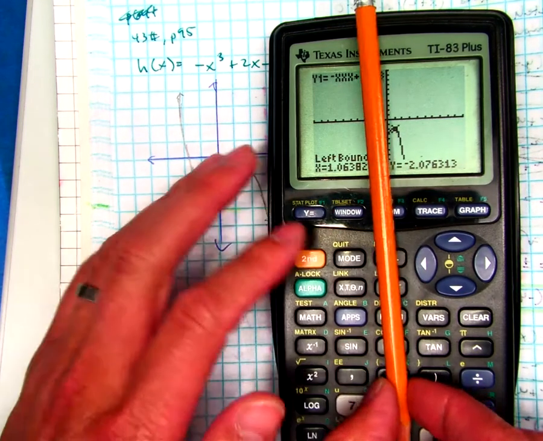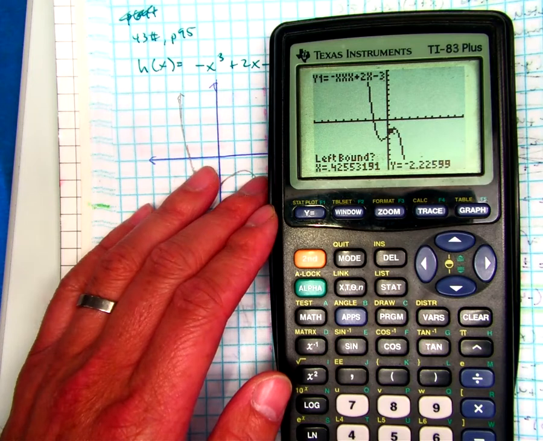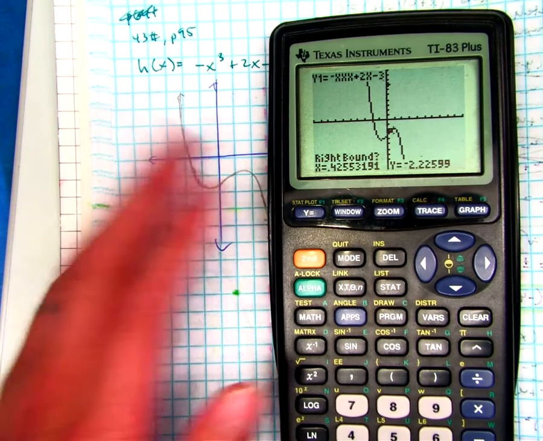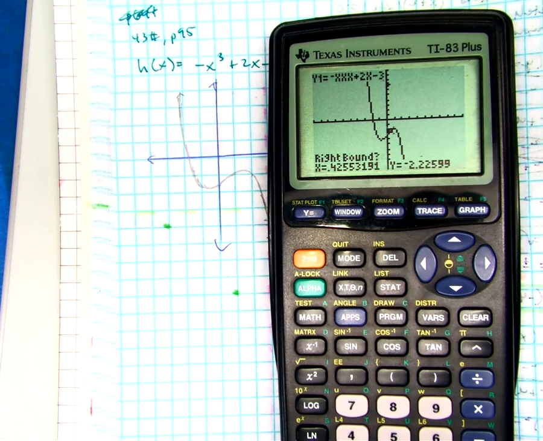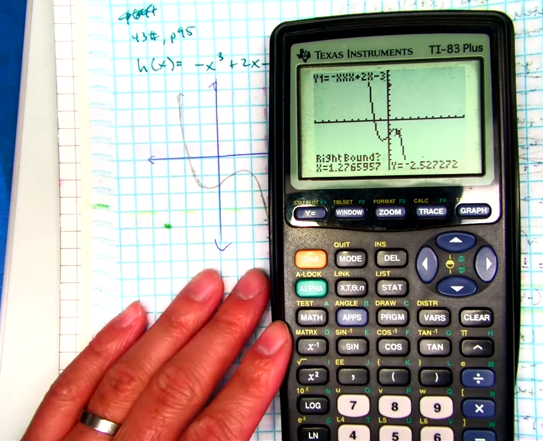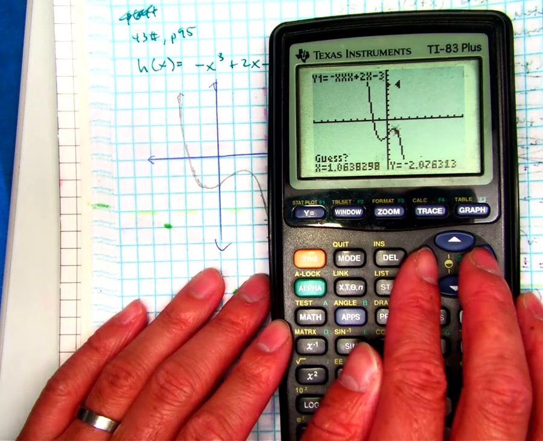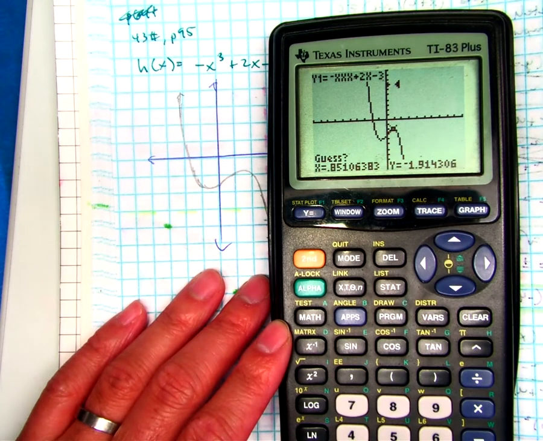Does that make sense? You might just press left twice. Yours might have a line down the line. Mine doesn't have that. And now you're going to press to the right, because it says right bound. And then when it says guess, you're going to move it left and right so it's exactly what you think is the answer.